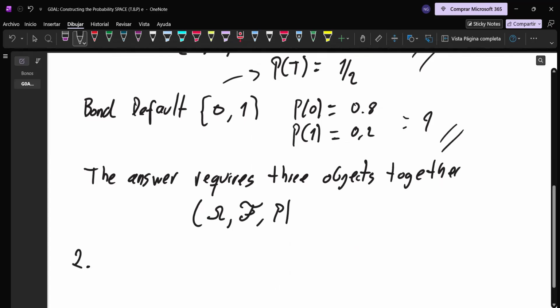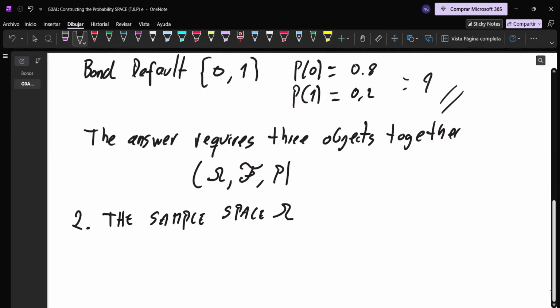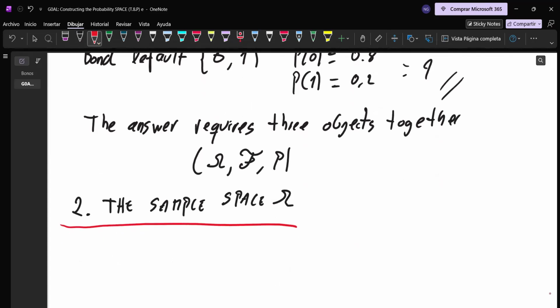So, the first of the three objects is the sample space, capital omega. And what is the sample space?